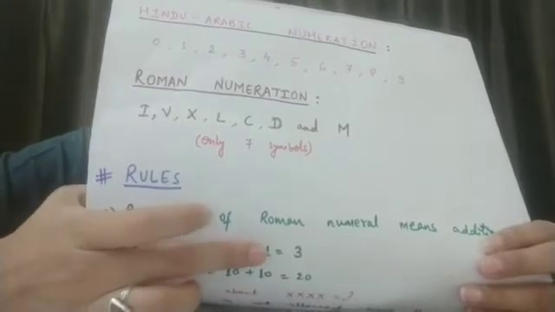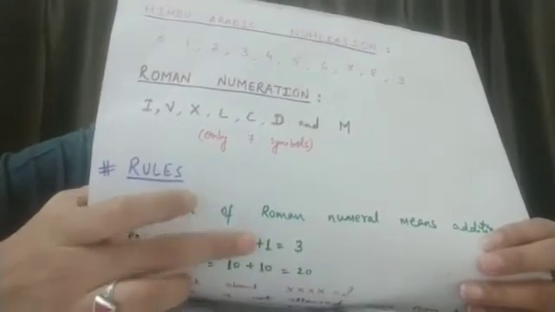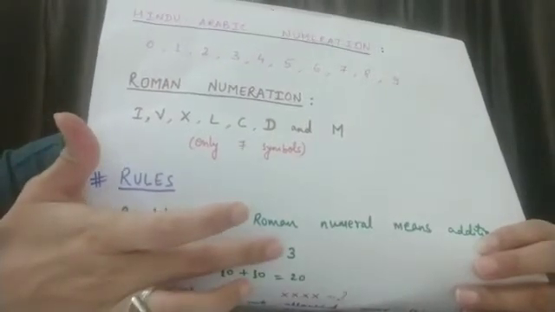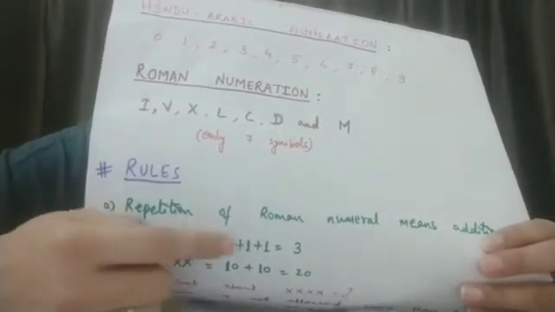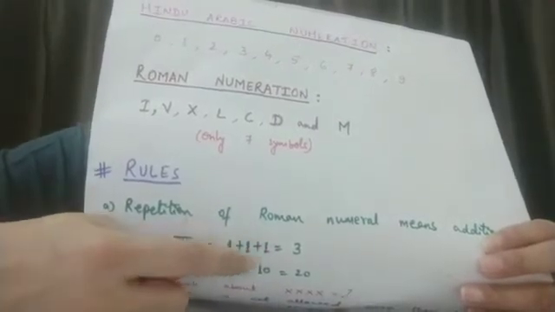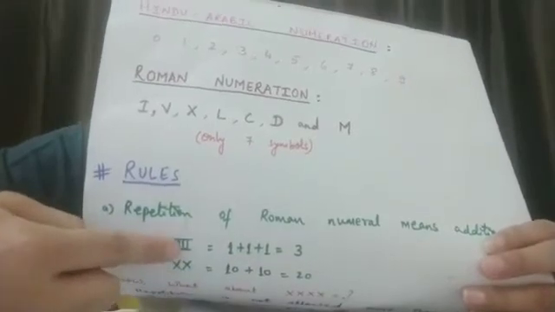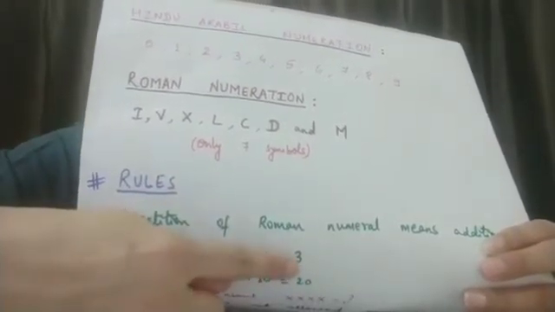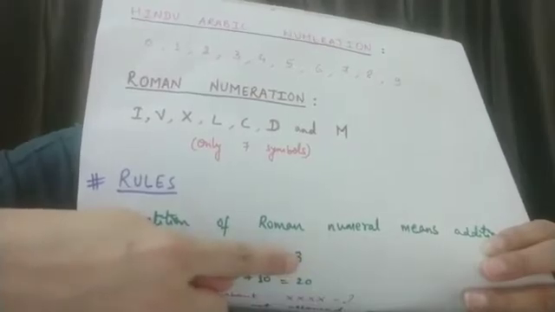If we add 1, 1, 1, we get 3. So this Roman numeral is written as 3 in Hindu-Arabic numeration.